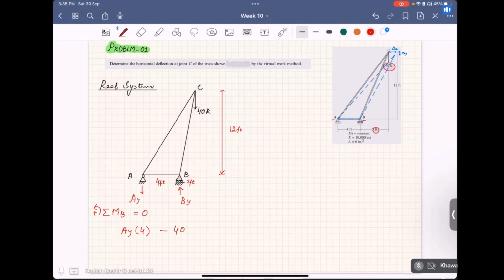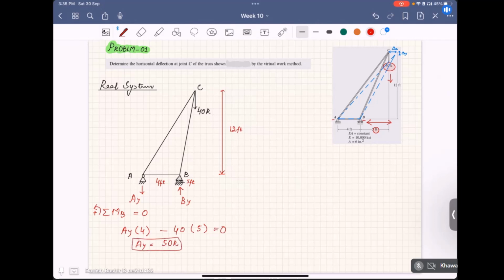This is 40 acting in this direction, and this is the 5 distance here. So it is causing a moment in the clockwise direction. So it will be 40 times 5 is equal to 0. Then we will get directly AY as 50 kilopounds.